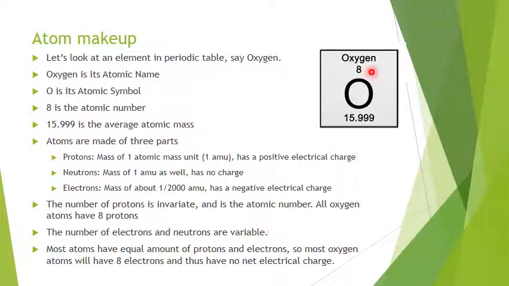Oxygen, when it's all by itself, will usually have 8 electrons and a net electrical charge of 0. So atomic number 8, 8 protons, and usually 8 electrons, but that can change, and we'll see that in a minute.